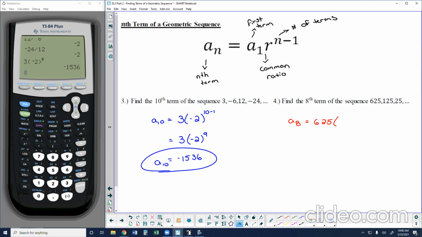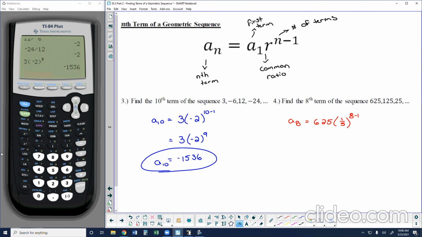Our first term here is 625. Each of the terms from one term to the next is divided by 5, or multiplied by 0.2, or multiplied by 1/5. All different ways to write the same common ratio. So what we would have here is 625 times 1/5, or 0.2, to the n minus 1, or 8 minus 1 power.